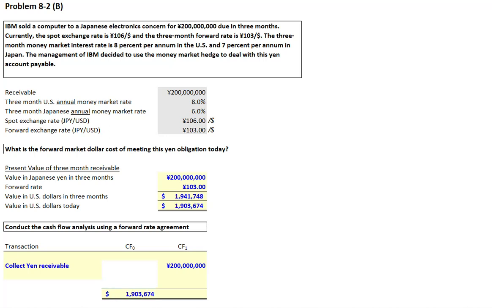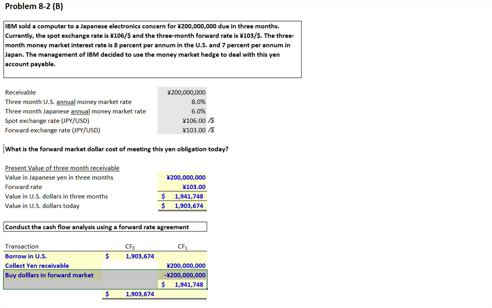And how do we do that? The best way to lock that money in today is we're simply going to borrow that $1,903,000 in the US at that 8% annual interest rate. All right, let's take a look at our cash flows at time one. At time one, we're going to collect that 200 million yen. Recall we had entered into a forward market agreement where we were going to be exchanging that at a forward rate of 103 yen per dollar.